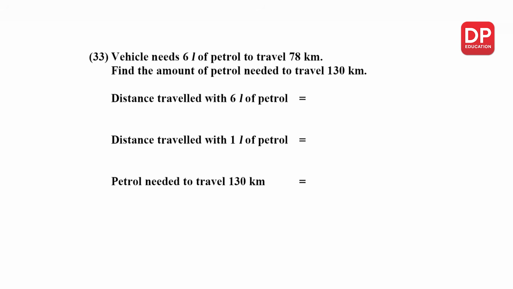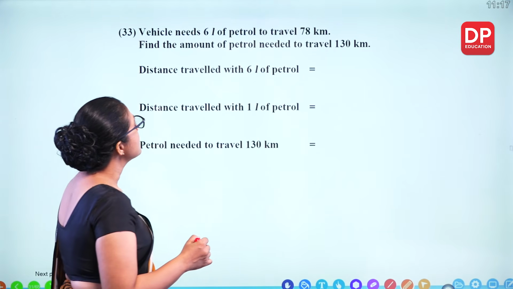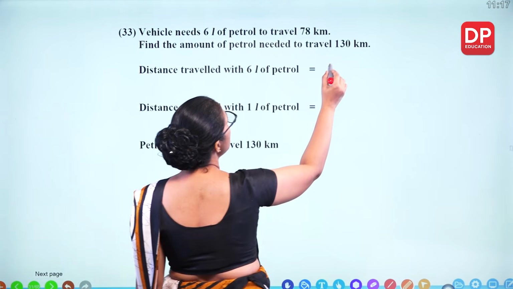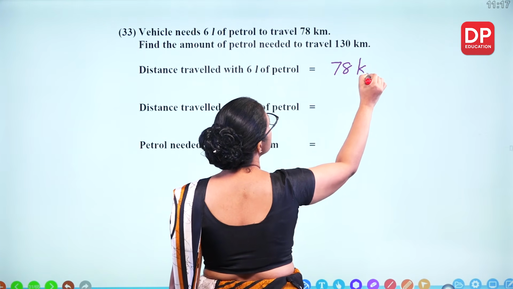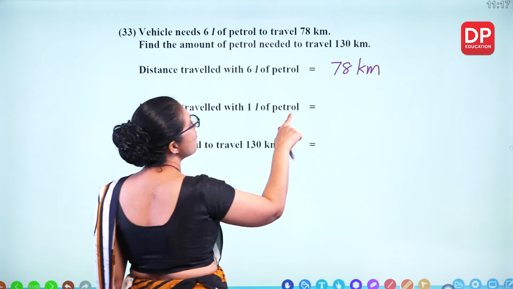Vehicle needs 6 liters of petrol to travel 78 kilometers. Find the amount of petrol needed to travel 130 kilometers. So what's the distance traveled within 6 liters of petrol? 78 kilometers. So what's the distance traveled within 1 liter of petrol?